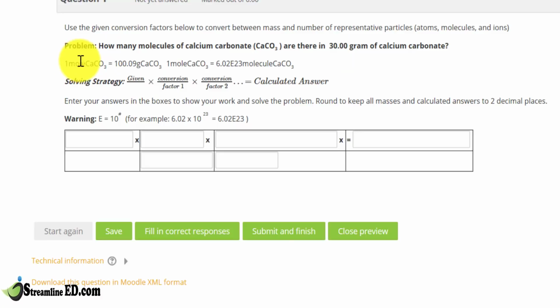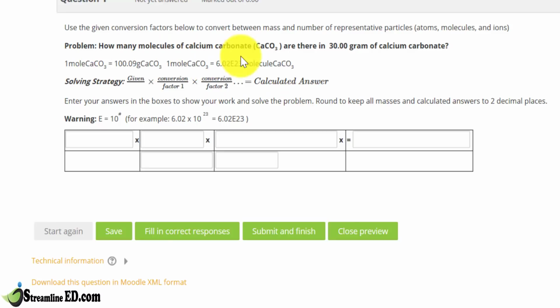And we are given two conversion factors. 1 mole of calcium carbonate is equal to 100.09 grams of calcium carbonate. Then we also have another conversion factor: 1 mole of calcium carbonate equals 6.02 times 10 to the 23rd molecules of calcium carbonate.